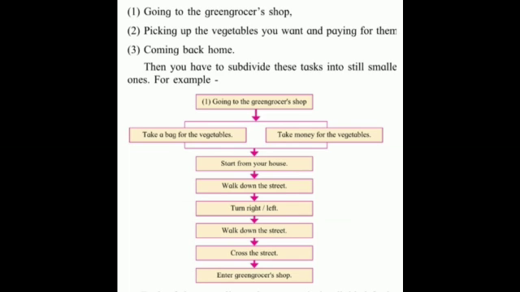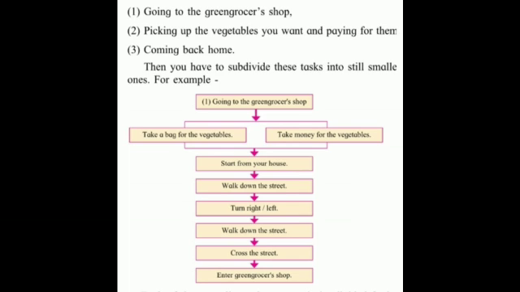Then walk down the street, means you will go along the street. Then you will turn right or left. Then again you are walking on the street. Now again you will cross the street. Now you will enter the greengrocer's shop. When you enter the greengrocer's shop, you will purchase the vegetables, pay money to the greengrocer, and then you will return.